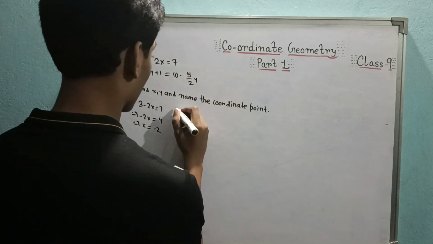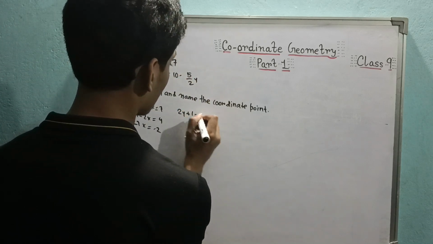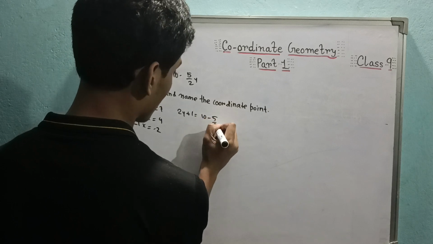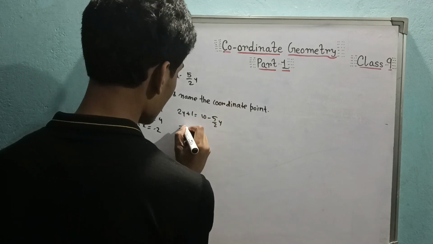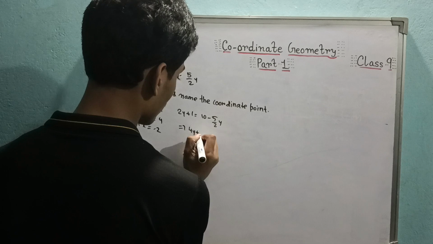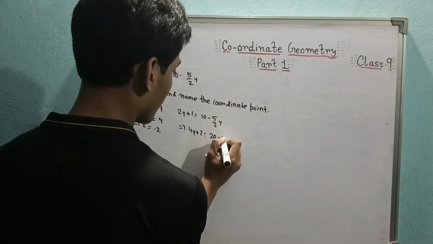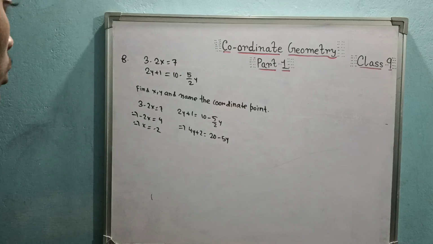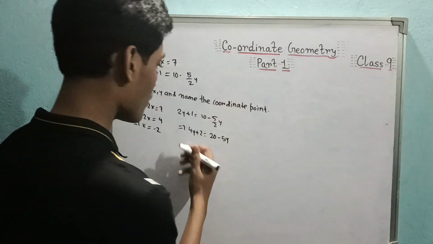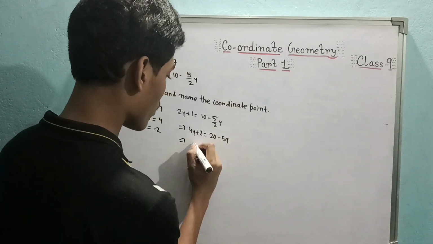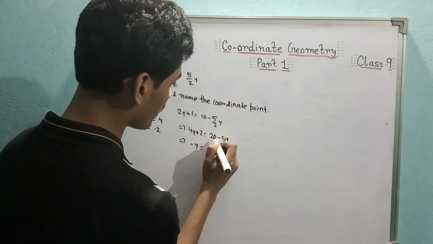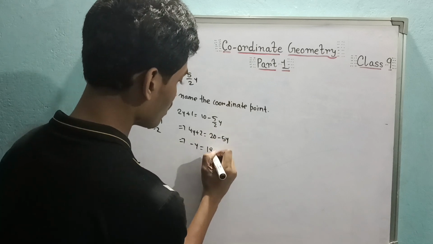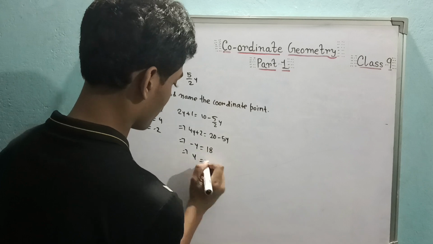Finish. Now 2y plus 1 equal to 10 minus 5 by 2y. Multiply the whole equation by 2, or 4y plus 2 equal to 20 minus 5y. Yep. Multiply the whole equation by 2, right? 20 minus 5y, or 4y minus 5y means minus y equal to 20 minus 2, 18, or y equal to minus 8.